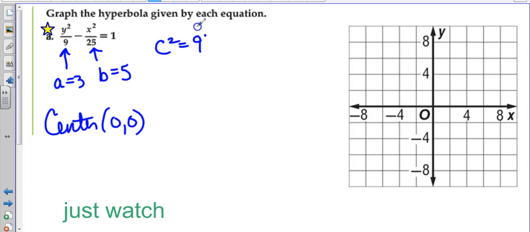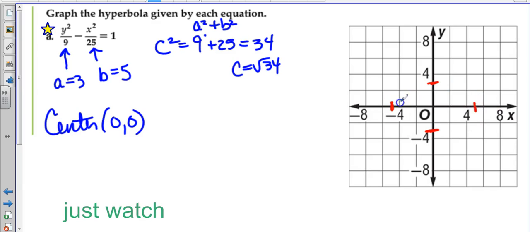Yes, a squared plus b squared. The 9 is already a squared, so it's 9 plus 25 equals 34. So c is the square root of 34. What does that mean? Well, this 3 was underneath the y, so on the y I go up and down 3. On the x, there was a 5, so I go out 5.